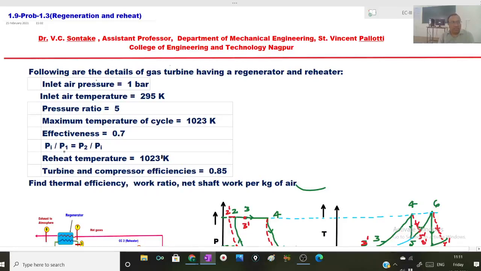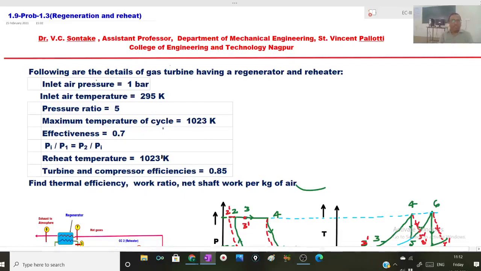The relationship between pressure ratio is given, Pi over P1 is equal to P2 over Pi, where Pi is any intermediate pressure. Reheat temperature 1023 Kelvin and turbine and compressor efficiency 0.85. Find thermal efficiency, work ratio, net shaft work per kg of air.